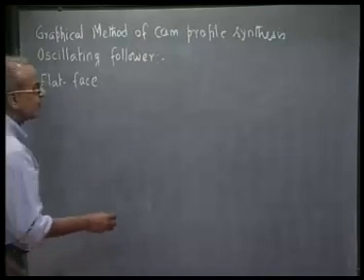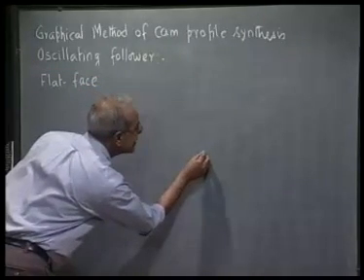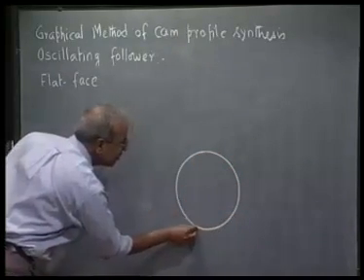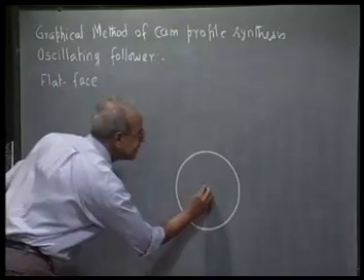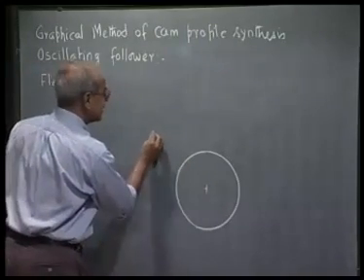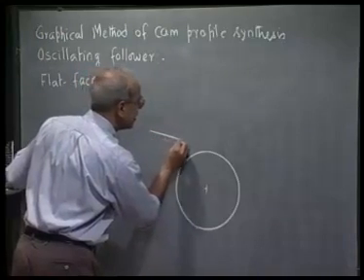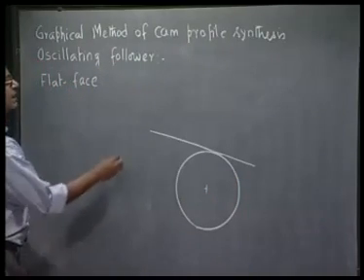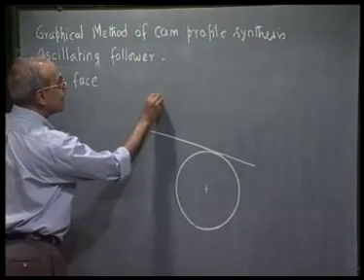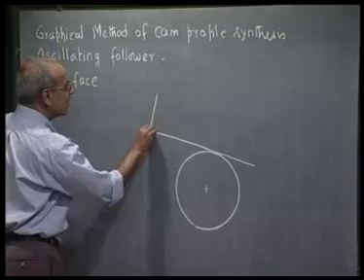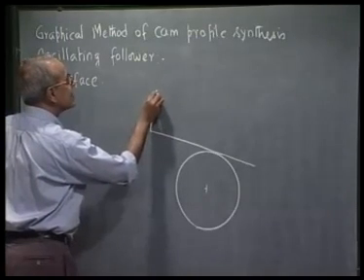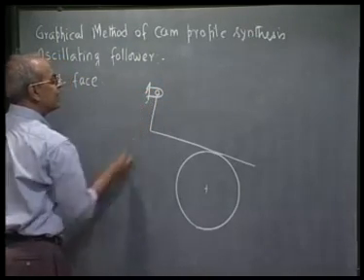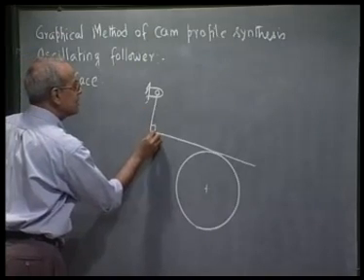So if it is a flat face follower, let us say this is the base circle radius, and the flat face is tangential to this base circle radius at the lowest point, and this is where the follower is hinged. In the analytical method, this dimension is what we called E.